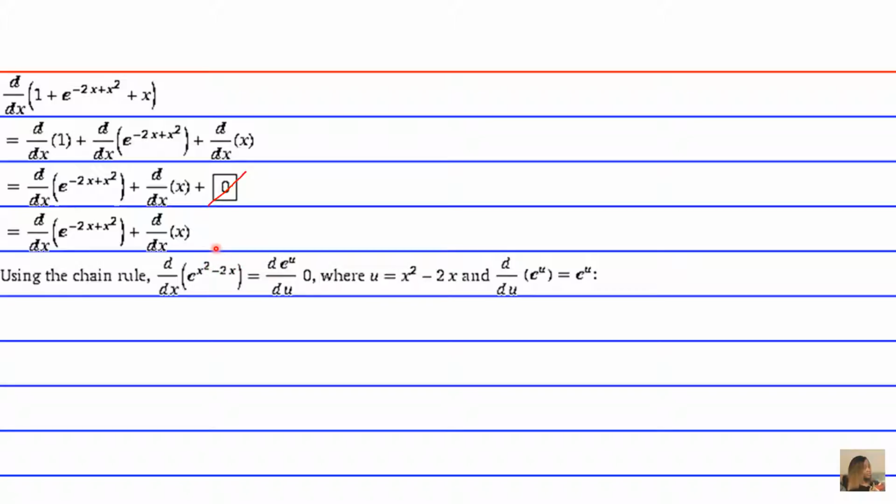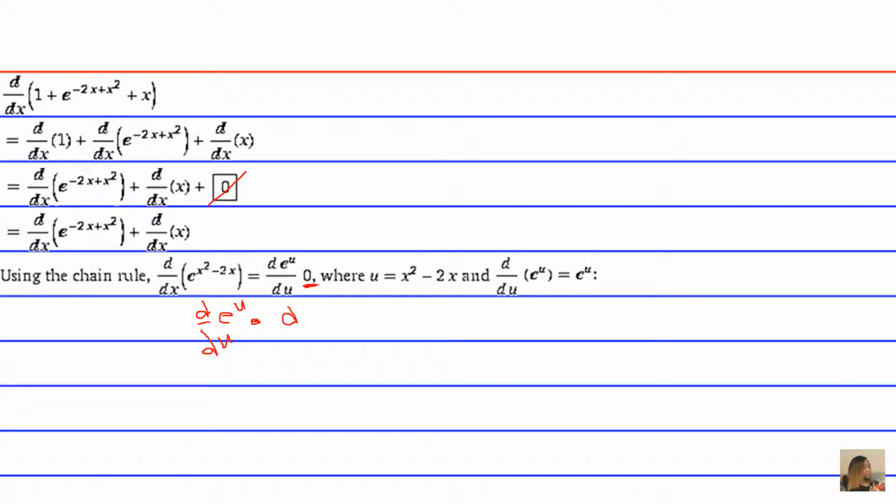Whenever we have a complicated function, we analyze the outer function, which is e to the u, and then we analyze the derivative of the inner function, which is x squared minus 2x. So the derivative with respect to u of the inner function, x squared minus 2x, is equivalent to 0. That's where this 0 comes from. Because first you analyze the outer times the inner function.